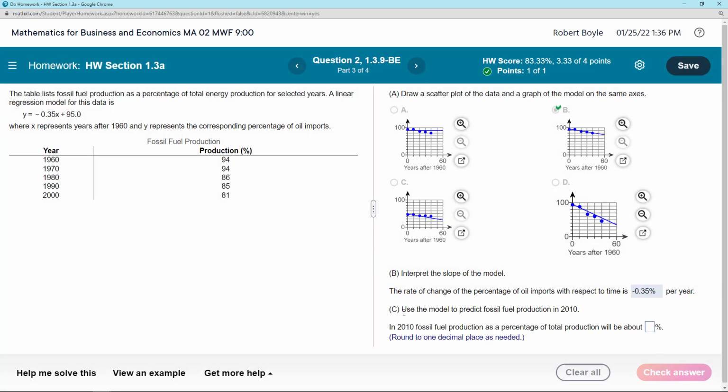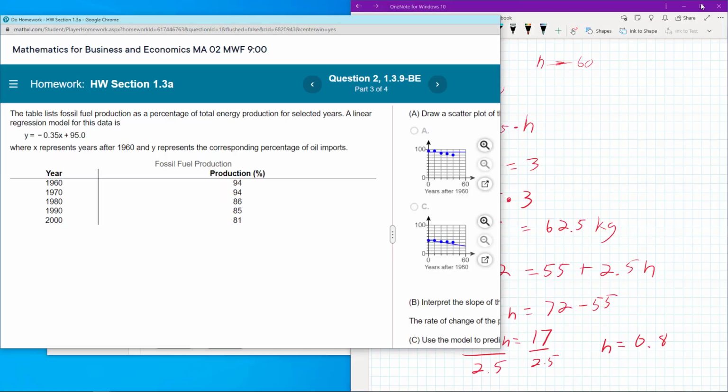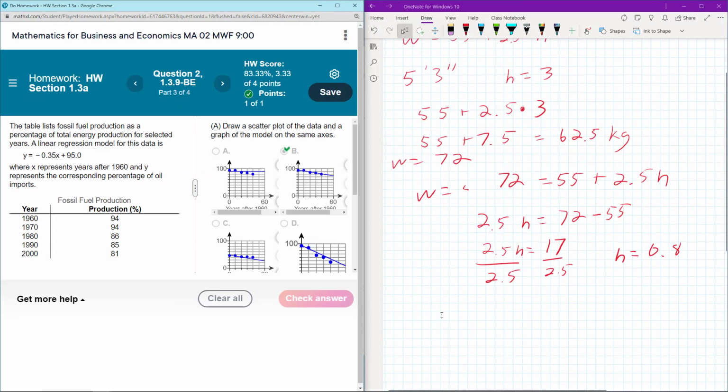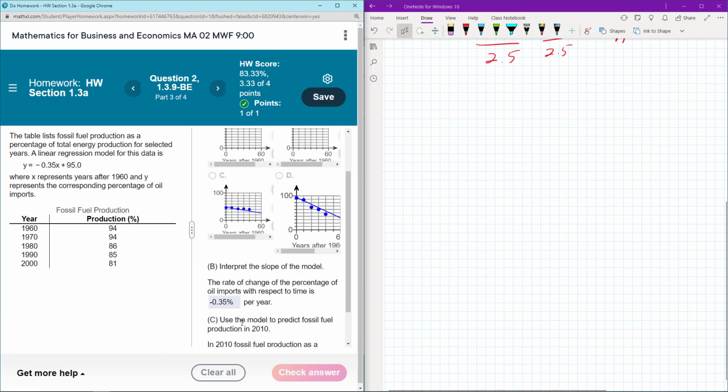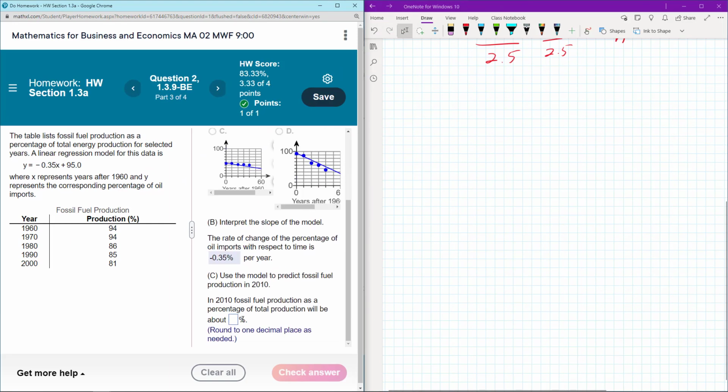The next problem is use the model to predict fuel production in 2010. Okay, let me bring this back down. Okay, that's what I'm looking for. Well, the year 2010 will be 50 years after 1960. So for 2010, we will have that x is equal to 50.